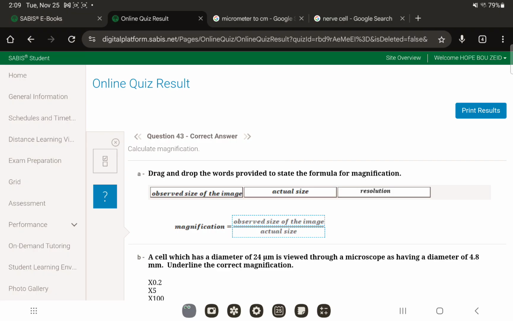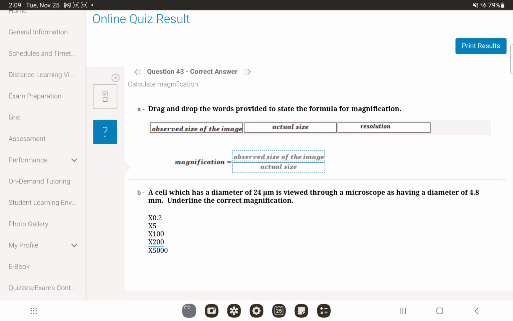That's the formula we've been using the whole time. Here, a cell which has a diameter of 24 micrometers, meaning its actual length is 24 micrometers, is viewed through a microscope as having a diameter of 4.8 millimeters, meaning its observed length is 4.8 millimeters.